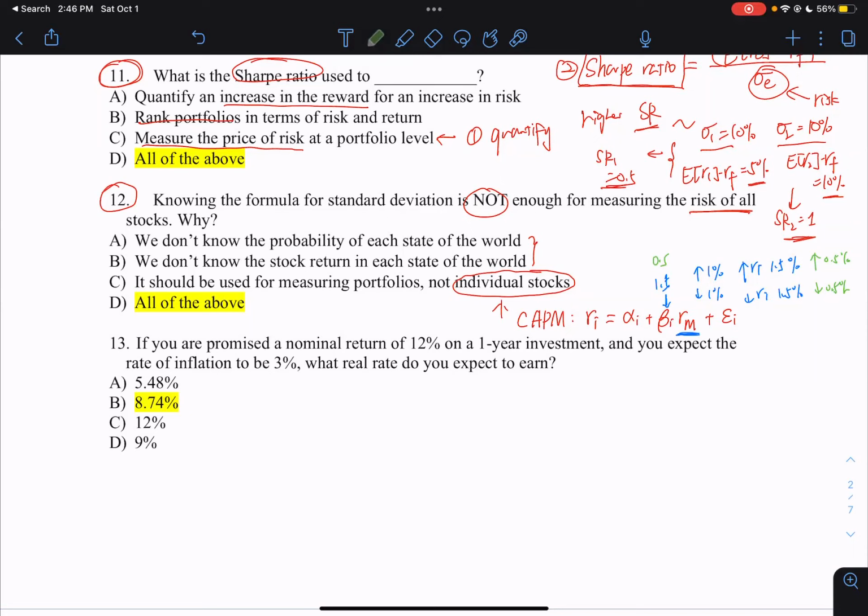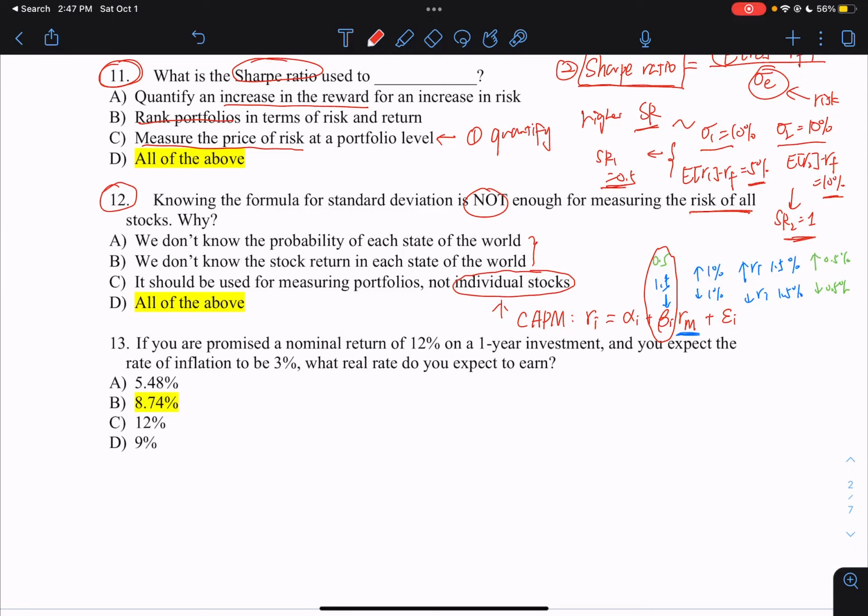The key takeaway is that for individual stock, we use beta to measure the risk, not its volatility or standard deviation. Why? Because for individual stock, investors don't care about their individual standard deviation. Why they don't care, please wait for the later chapter, where I'm going to explain why this does not matter.